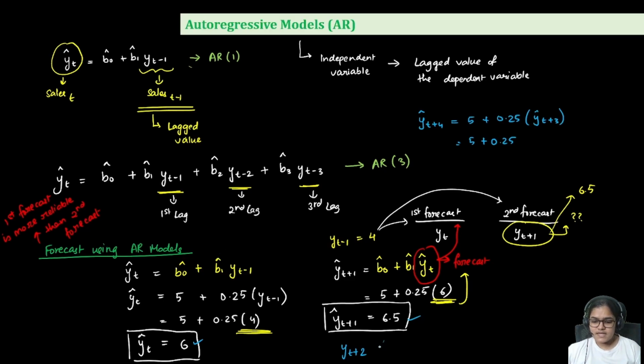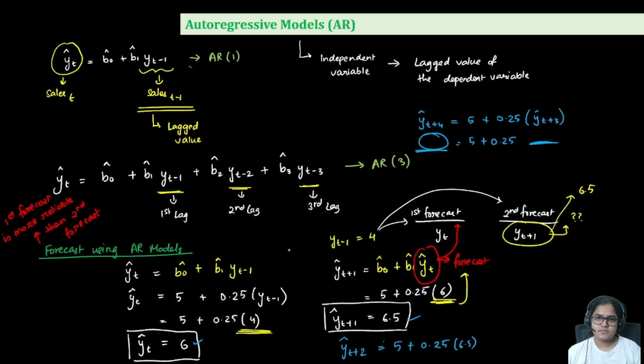Okay, so first I'll have to calculate sales of t plus 2. In which case I will say, okay, it is 5 plus 0.25 into sales of t plus 1, which is 6.5. Like this, I calculated t plus 2. Then I will calculate t plus 3. That t plus 3 I will input over here. Then I will get the value of t plus 4. So imagine the scope of error in this t plus 4.